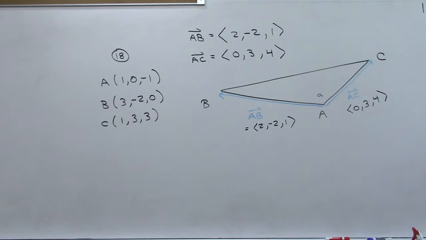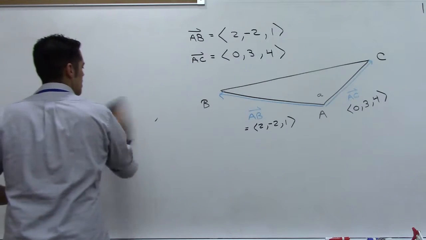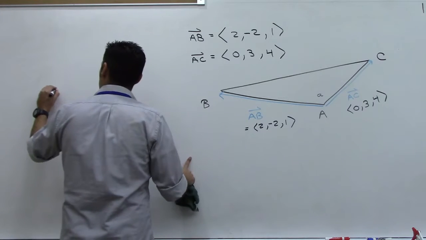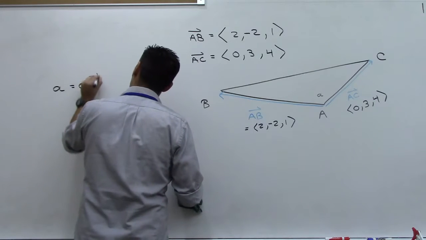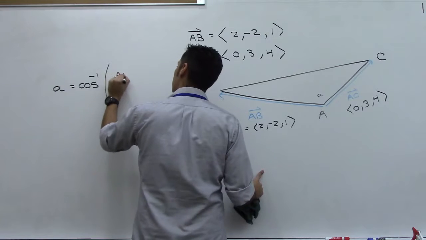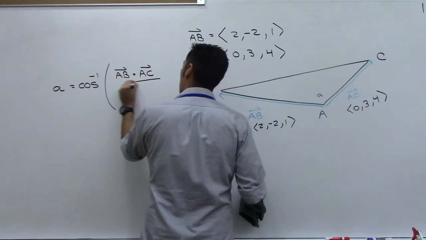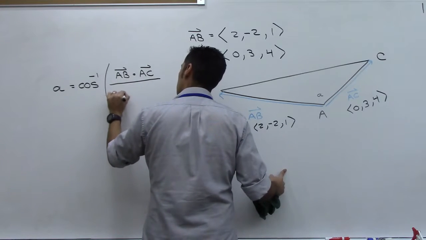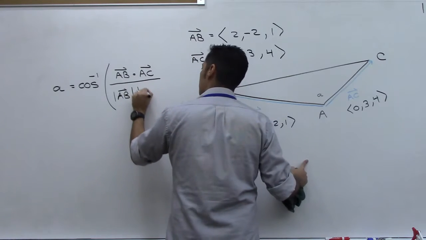So if I want to now know the angle A, I'm going to use that inverse cosine formula. The angle A in this problem will be equal to arc cosine of this vector dotted with this vector, so AB dotted with AC, over the magnitude of this vector, AB, times the magnitude of this vector, AC.